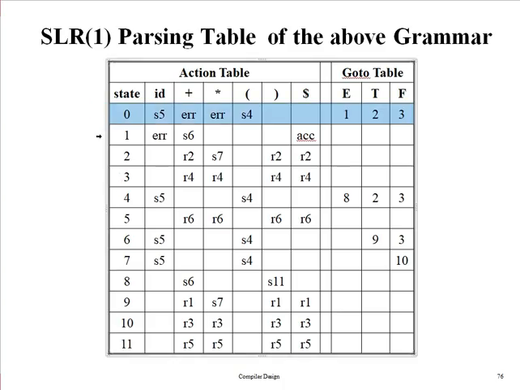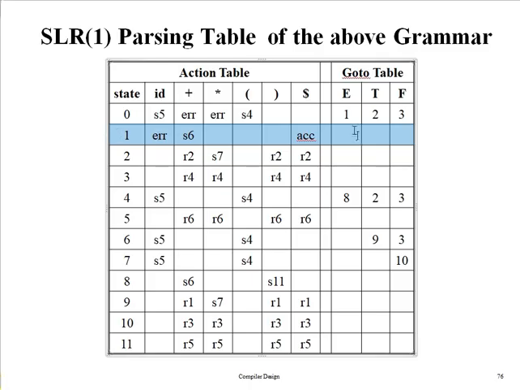Each row corresponds to a state of the LR0 items, so row 0 represents state 0 or I0, and row 1 represents state 1 or I1.